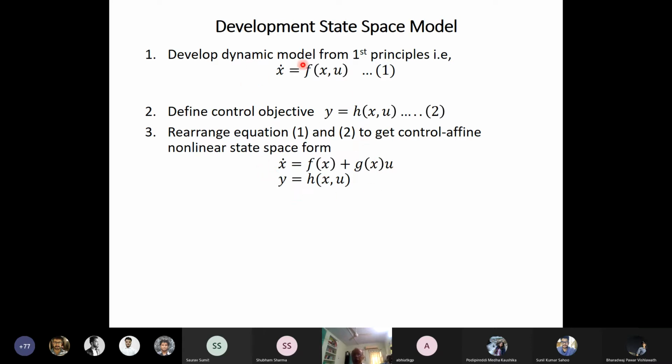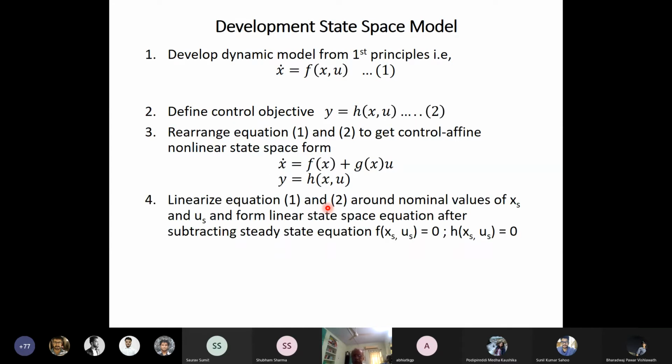So you develop a dynamic model in this form, define the control objective, develop the output map equation, and then rearrange equations 1 and 2 so that you can get a control affine nonlinear state space form.